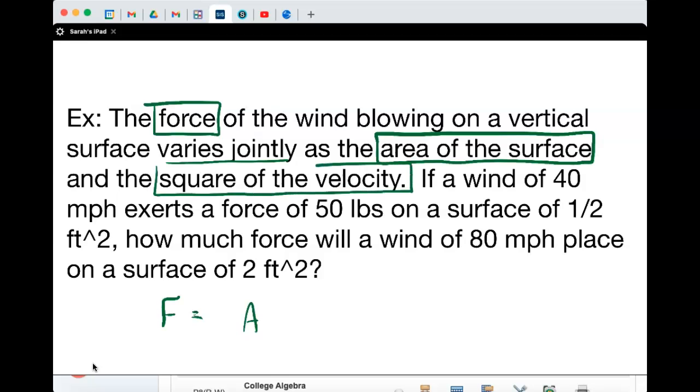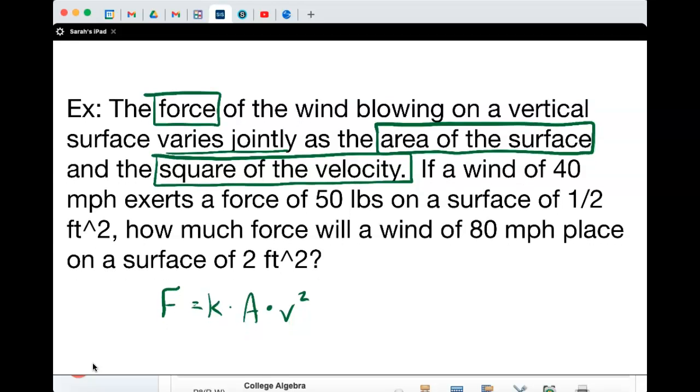So that's the other piece of information. Yeah, so then times v squared. So this is how we're going to set it up. I should write in my k value. Basically, I need to figure out what number this is being multiplied to. The variation is always a multiple. So then the second part of it is giving me what information I need to plug into F, A, and V to find k value.